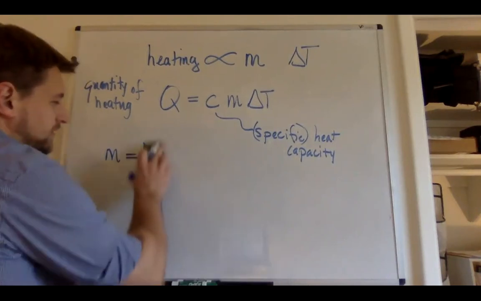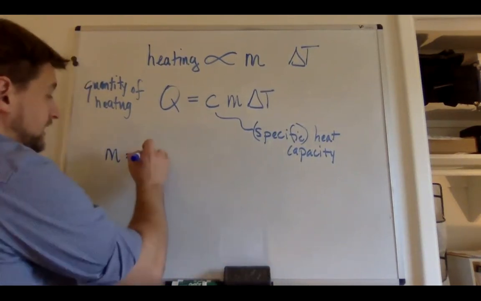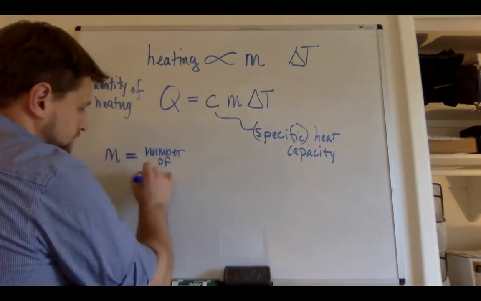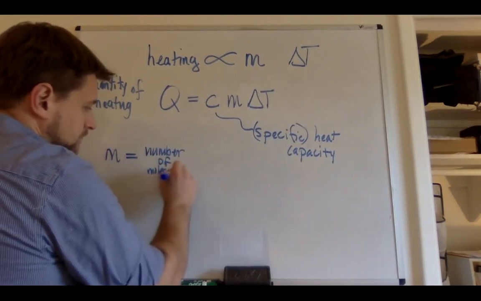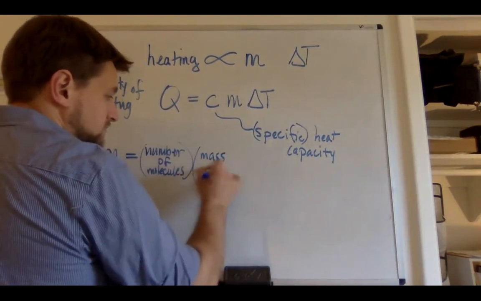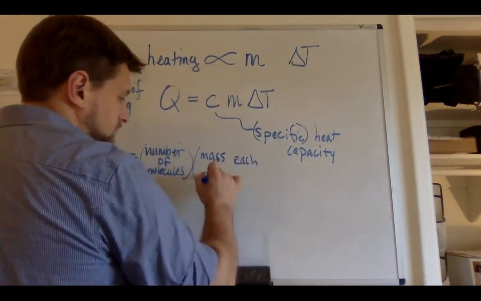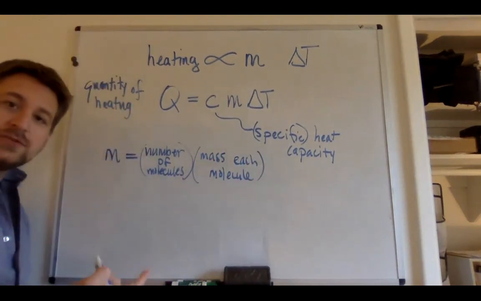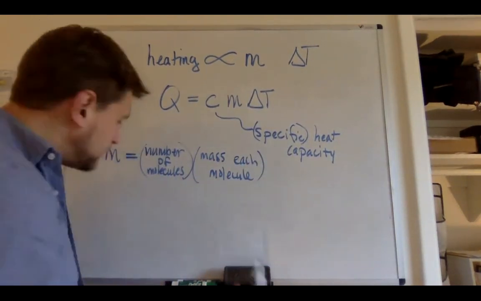We could write it as the number of molecules. Let me just write it out. The number of molecules times the mass of each molecule. But that means we've got to count how many molecules there are, and nobody wants to do that.